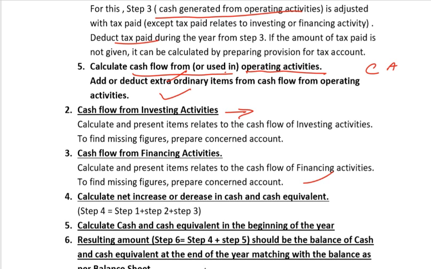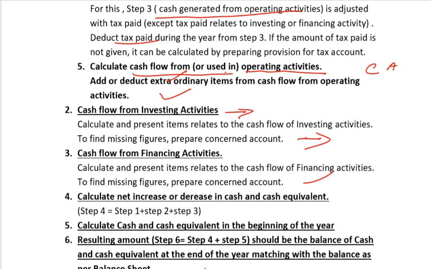Relating to investing activities, all information we get from the fixed asset category, and then we get some adjustments or additional information. If we get additional information, we have to prepare the concerned account, so we get a clear idea.